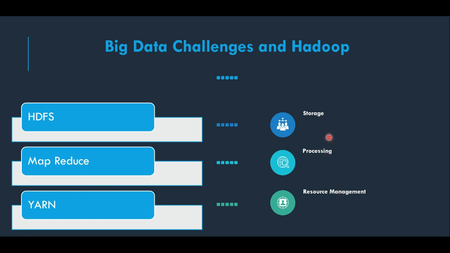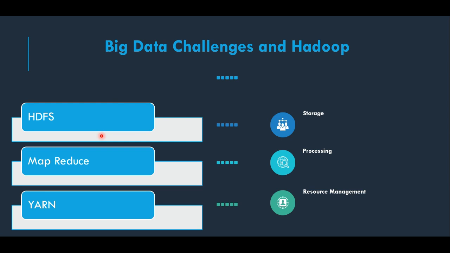These are three pivotal challenges that we need to consider when talking about big data. The Hadoop ecosystem is designed to address these challenges. Of course, there are more components in the Hadoop ecosystem for each layer of data.